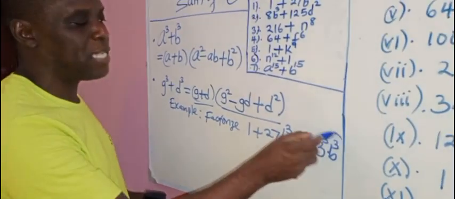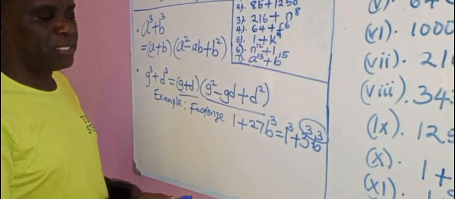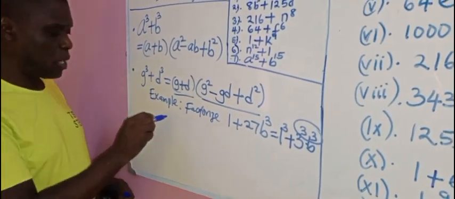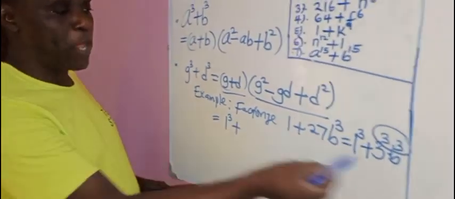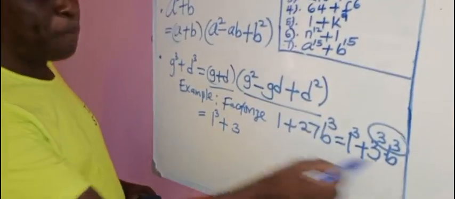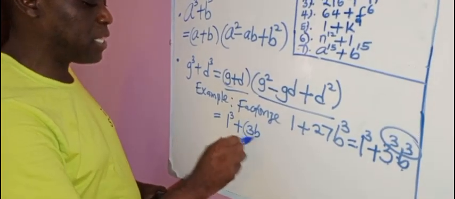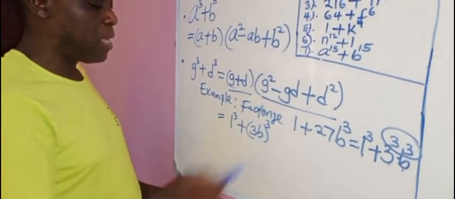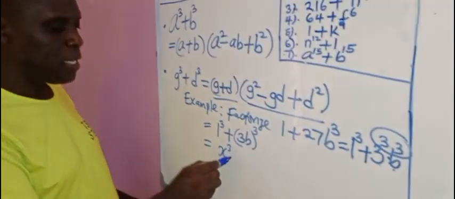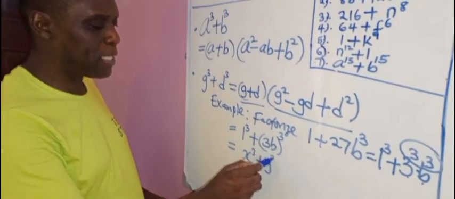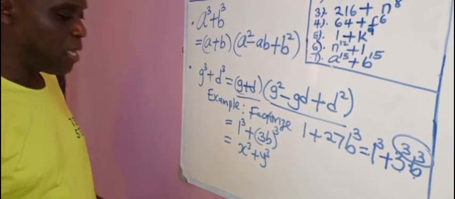Now if you look at this, they have a common exponent. So that means this is equal to 1 raised to the power 3 plus, you pick one 3, you pick one b, then everything raised to the power 3. Now you will assume that this is x raised to the power 3 plus y raised to the power 3. You can use any letter that you want, okay?